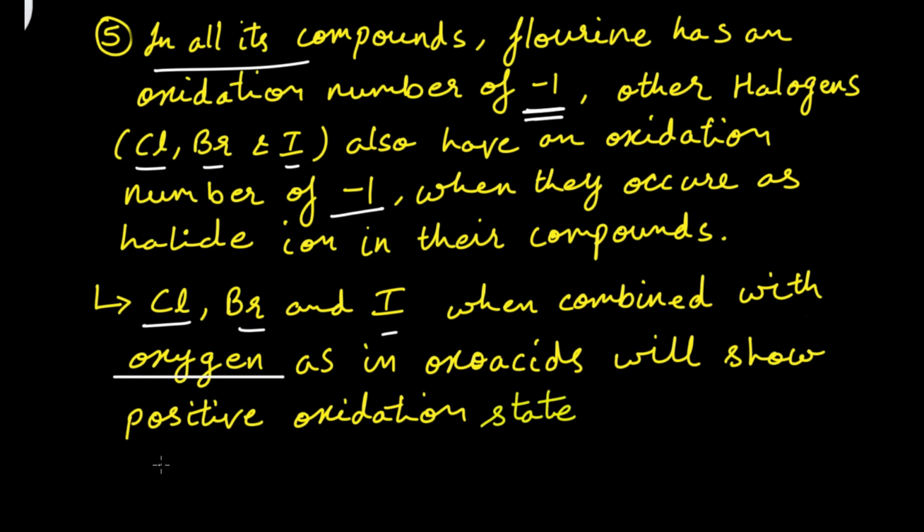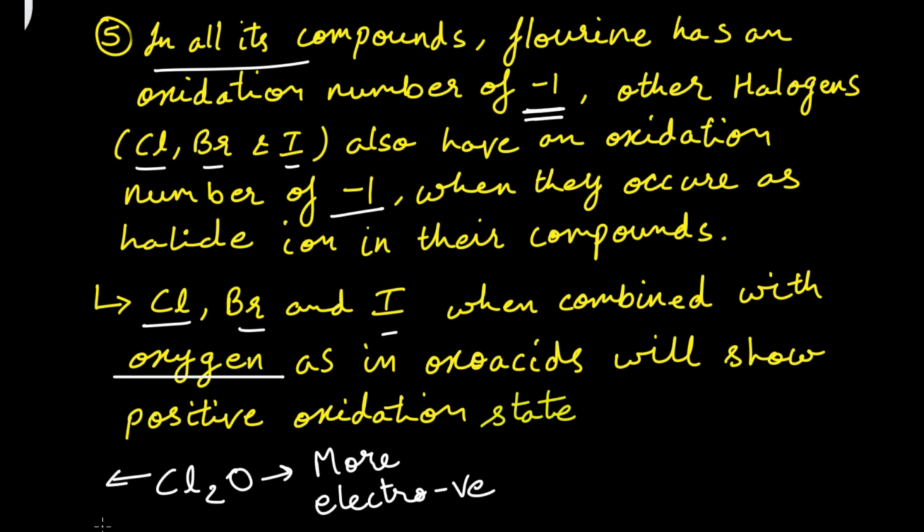Why? Let's take a simple example, Cl2O. In this case, oxygen is more electronegative and chlorine is, in comparison to oxygen, less electronegative, which means the shared pair of electrons will be transferred towards oxygen and chlorine will have to leave as a positive ion.